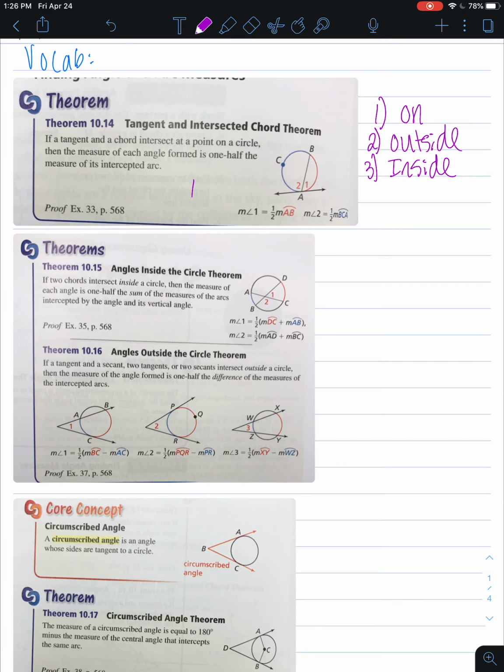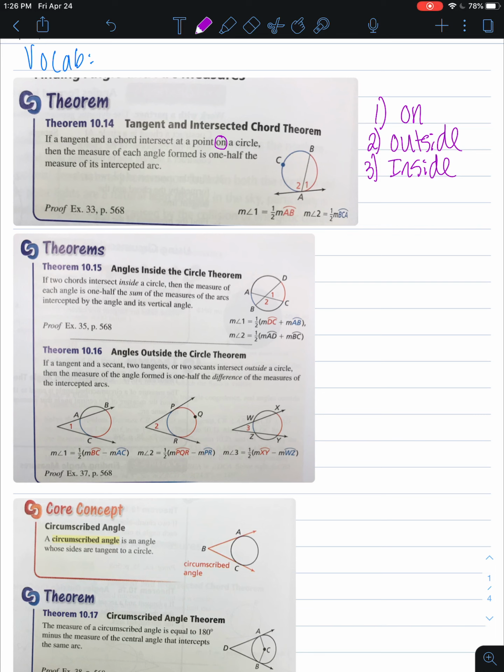And these first three theorems, 1, 2, and 3, are going to talk about those three instances. The first one, the tangent and intersected chord theorem, says if a tangent and a chord intersect at a point on a circle, then the measure of each angle formed is 1/2 the measure of its intercepted arc.